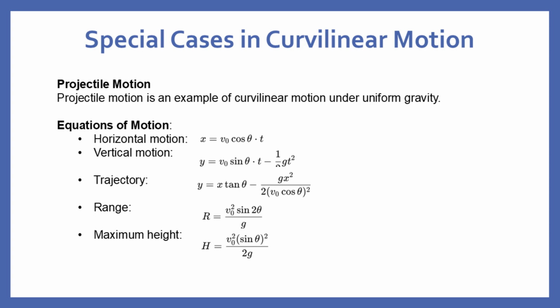The horizontal motion remains constant, while the vertical motion is influenced by gravity. Engineers use these principles in everything from sports science to ballistic missile trajectories. Next time you throw a ball, you're actually performing a complex physics experiment without even realizing it.